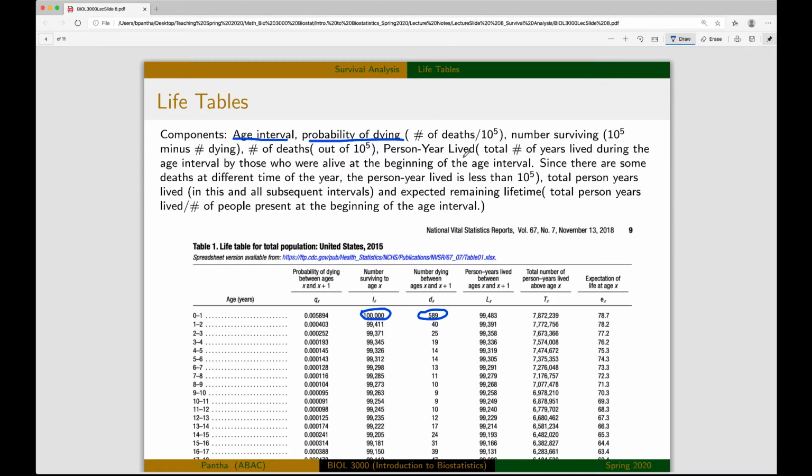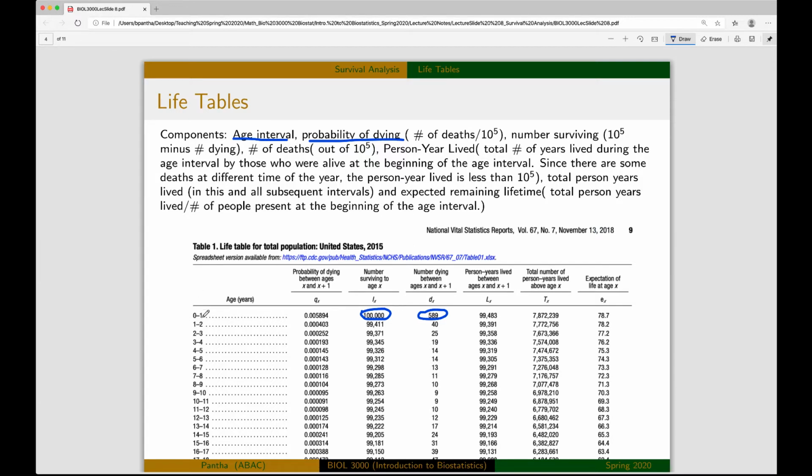Person years lived is given by the total number of years lived during the age interval by those who were alive at the beginning of the interval. For example, if 100 people were born at the beginning and 5 died, there were 95 people who survived, so that is 95 years, because those people spend 95 years in total.